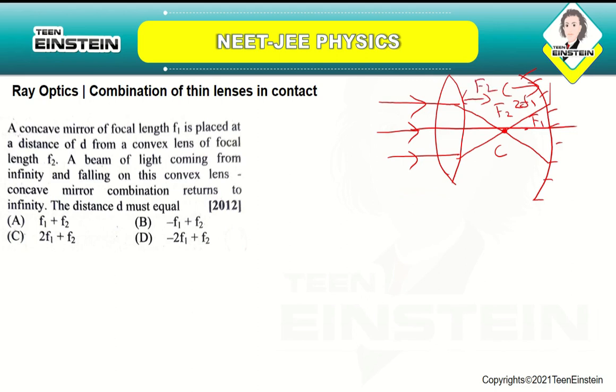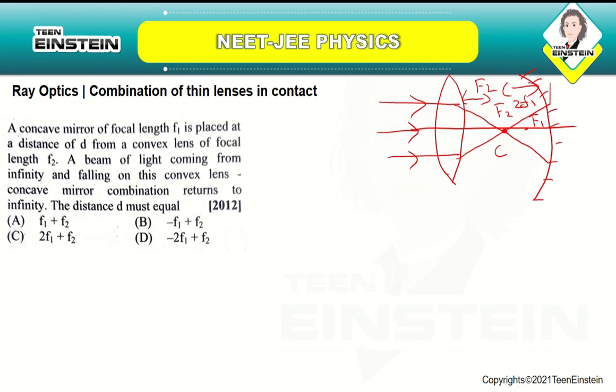So what happens is when light from infinity falls on a convex lens, it is converged at a distance equal to the focal length of the lens. Now here you can see, as the light traces the same path to infinity, the image of the converged light must be formed at the same point after reflection from the concave mirror.